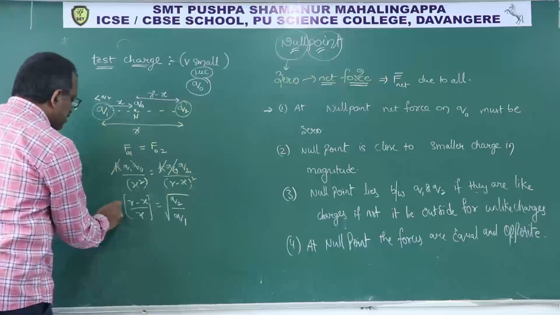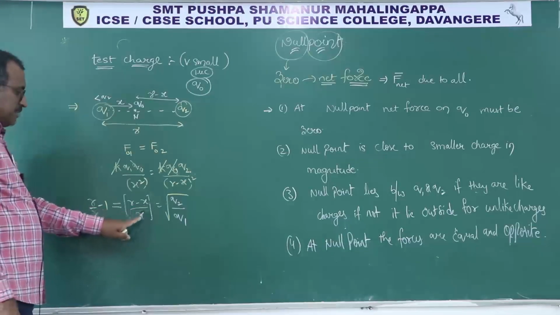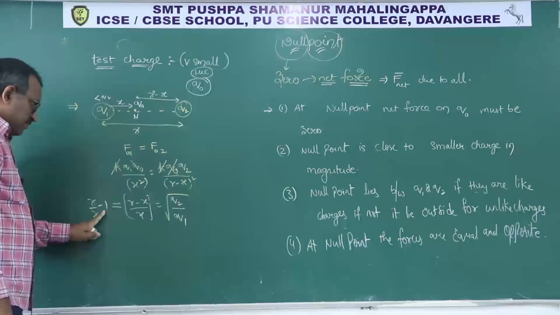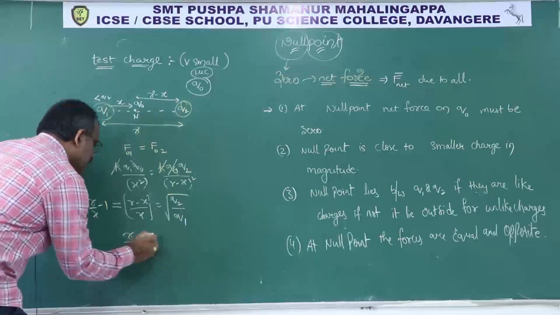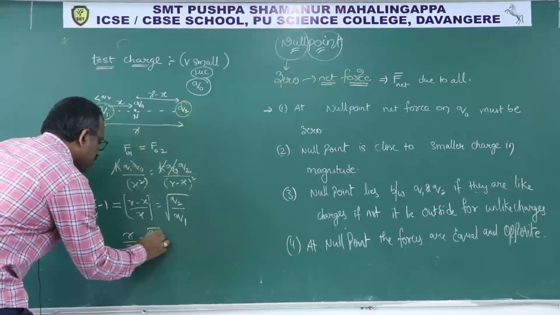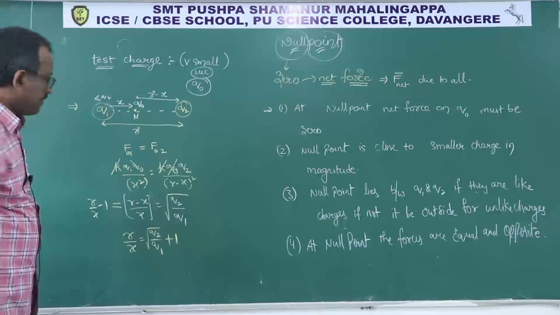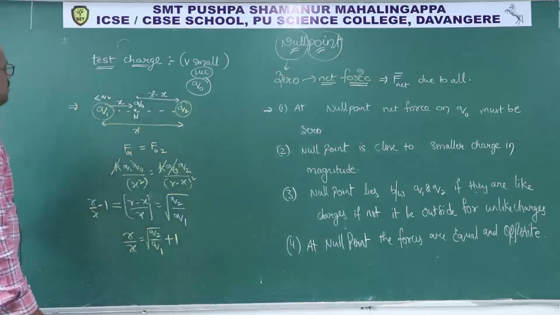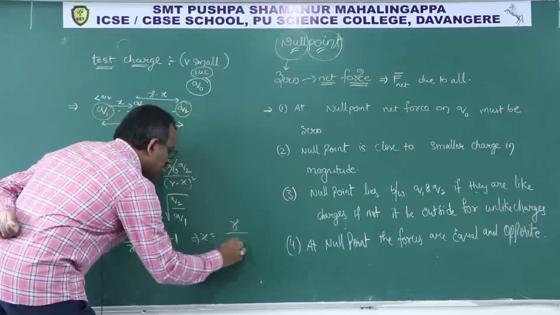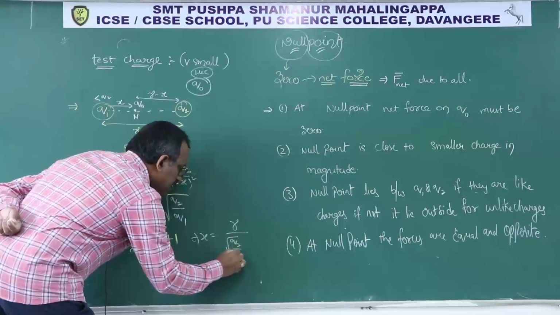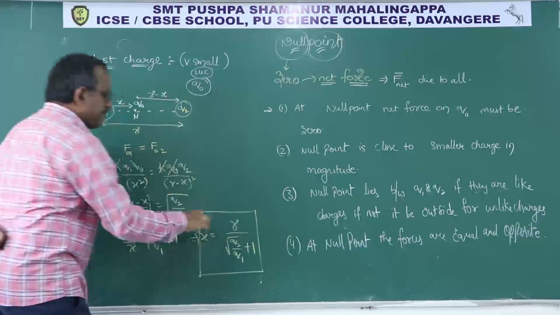Now story begins. R by X minus 1, X by X. Then this minus 1 goes that side. R by X is equal to root Q2 by Q1 plus 1. Clear? But I want X exactly. So X is equal to R divided by root over Q2 by Q1 plus 1. So this is the value of null point.